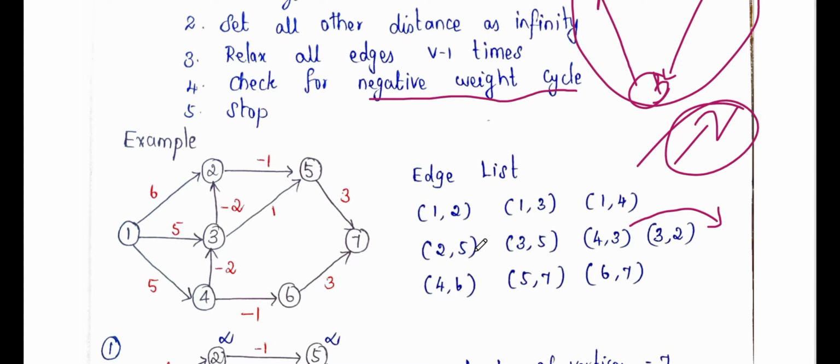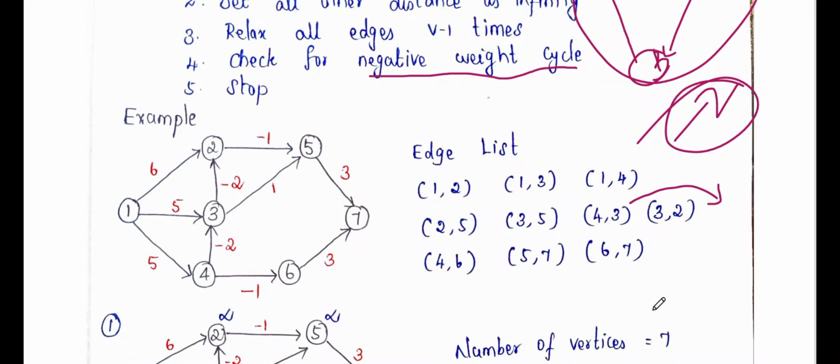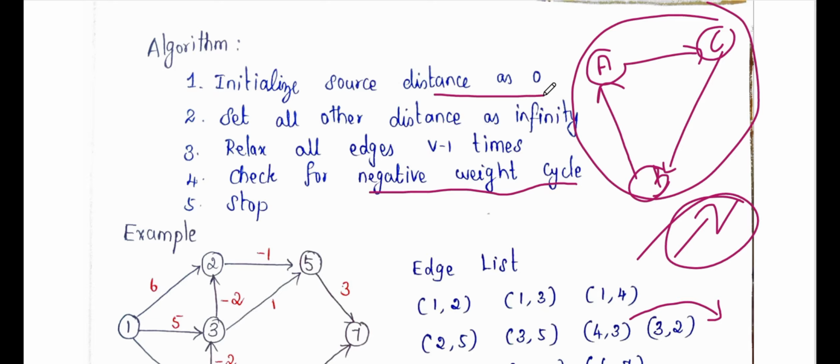Then perform relaxation on 2 to 5, then 3 to 5, 3 to 2, then 4 to 3, 4 to 6, 5 to 7, 6 to 7. This order is very important. We relax the edges one by one: first start with vertex 1 to all other connected vertices, then 2 to all other connected vertices, then 3, and 4. Likewise, you perform the relaxation one by one. So what is the first step here? Source distance as 0 and all other distances infinity, correct?